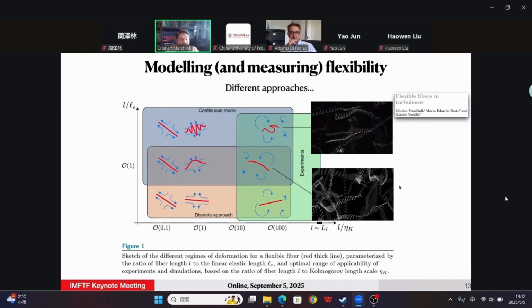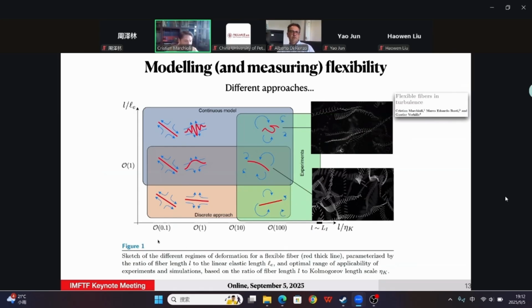And here you see the different approaches in terms of experimental techniques that you can use, but also numerical approaches. On the horizontal axis, you see the length of the fiber, so its size, scaled by the Kolmogorov length scale, which is the smallest length scale that these fibers will see and interact with in a turbulent flow.